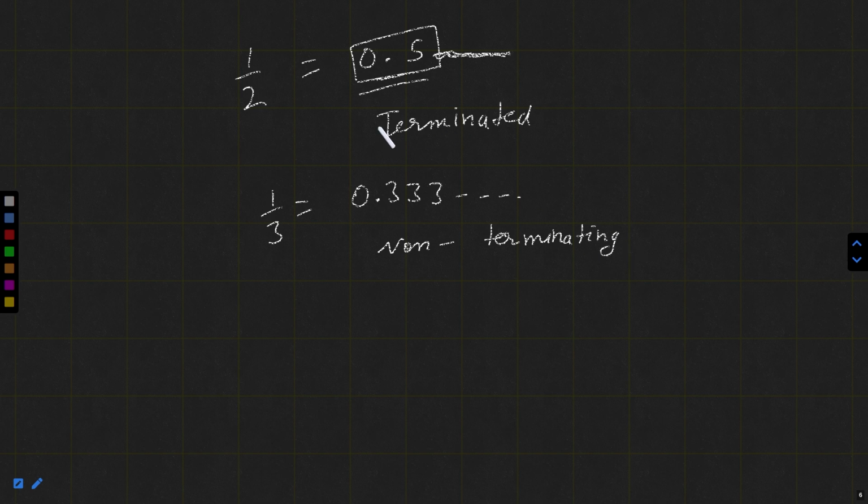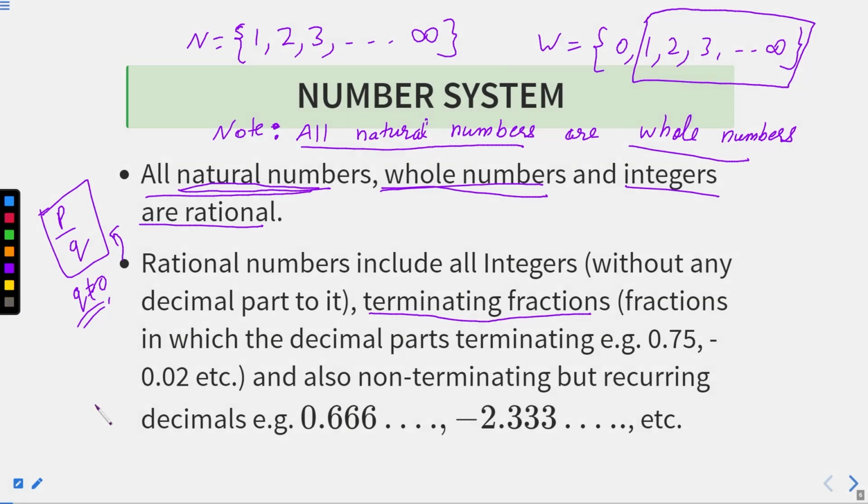So clear? Terminating numbers mean the decimal form of the fraction must stop after some point.